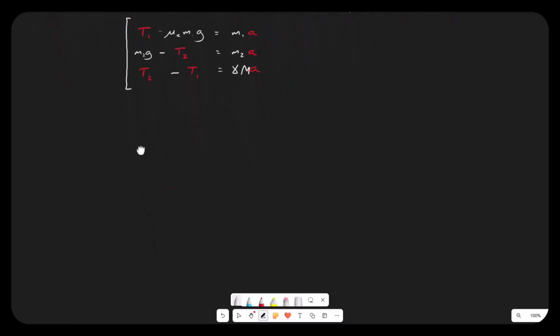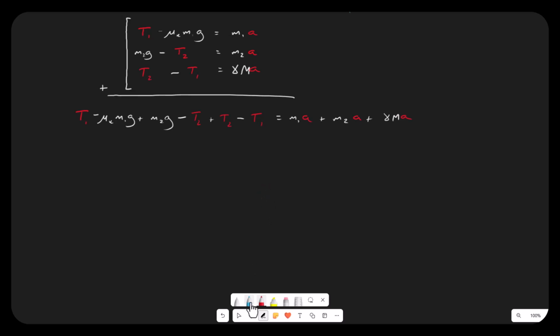The easiest way that I know of to solve this is to just add all these equations together. I'm doing that because I recognize I've got a positive T1, a negative T1, a positive T2, and a negative T2. If I add all these up, all that stuff's going to cancel. I will wait to cancel it until I've got it all in one spot. Alright, cancel where I can.